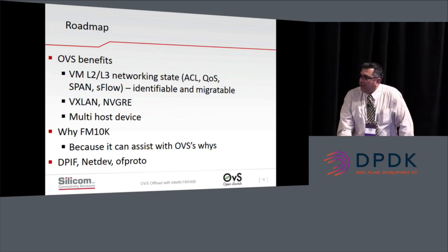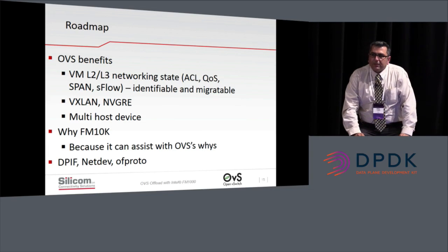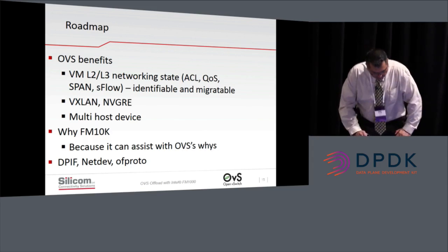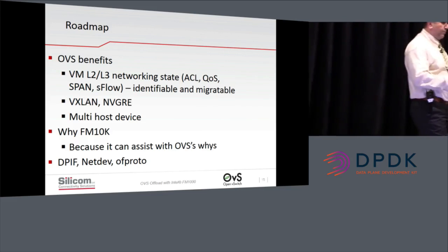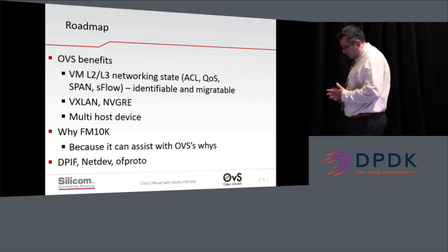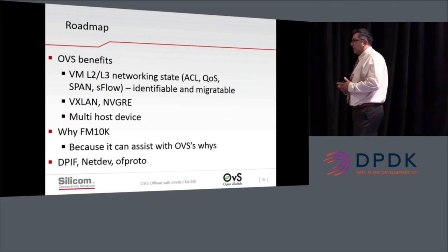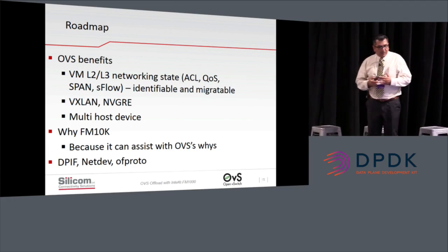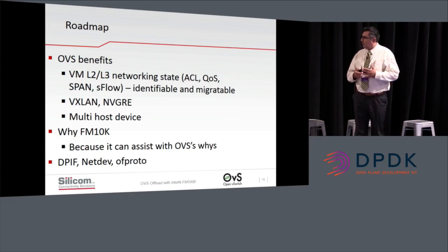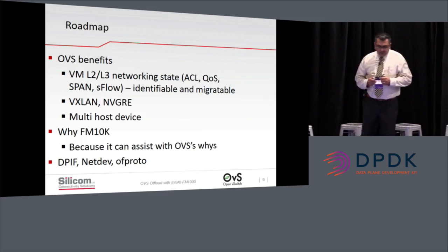Now that we have a data path that actually performs, we would like to go for the missing parts, and the missing parts are mainly the control path and the actual ability to perform a live migration of a VM across such installations without losing the L2, L3 states, without losing the tunneling that is configured. And this is, in a nutshell, our roadmap for that.